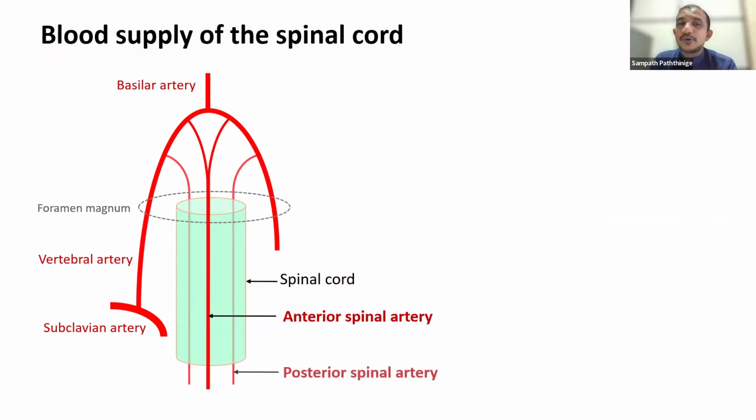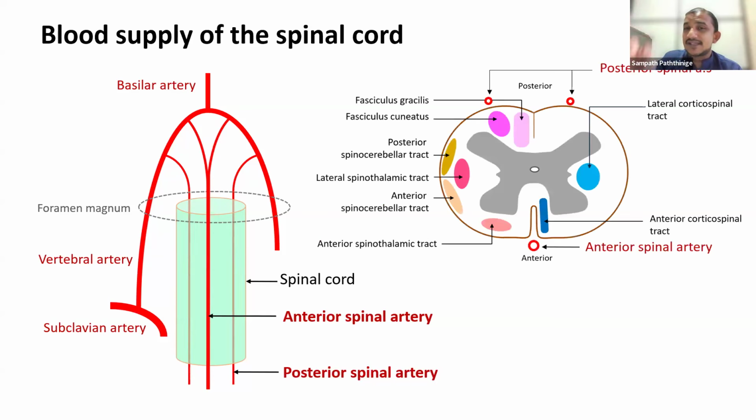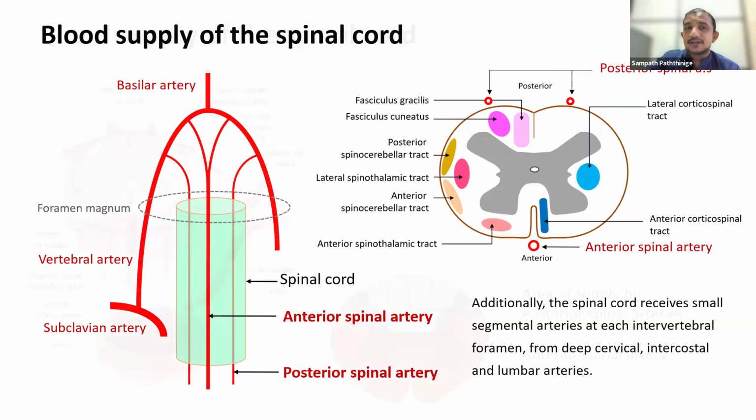And then there are two posterior spinal arteries, again arising from the vertebral arteries. Sometimes they might arise from the posterior inferior cerebellar arteries as well, but generally they are tributaries of the vertebral artery, right? And at each spinal cord level, there will be some additional arteries which are supporting this arterial supply, so that is what you see here.